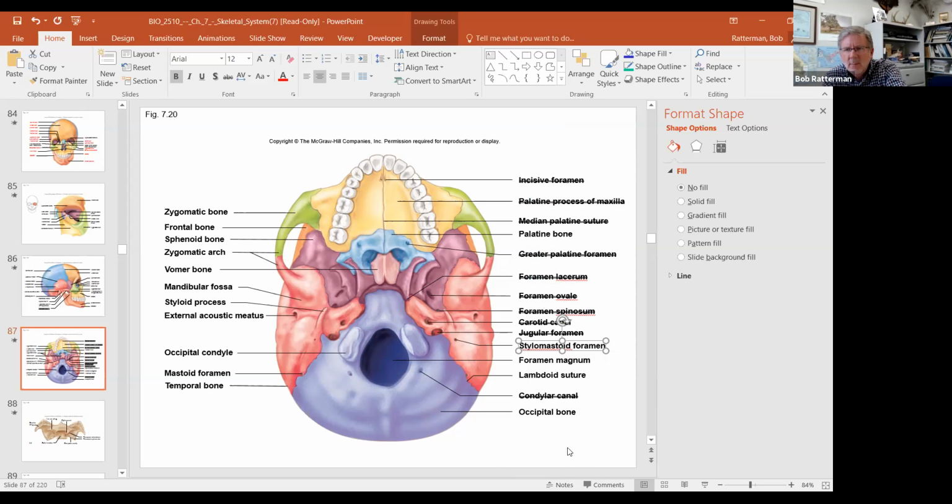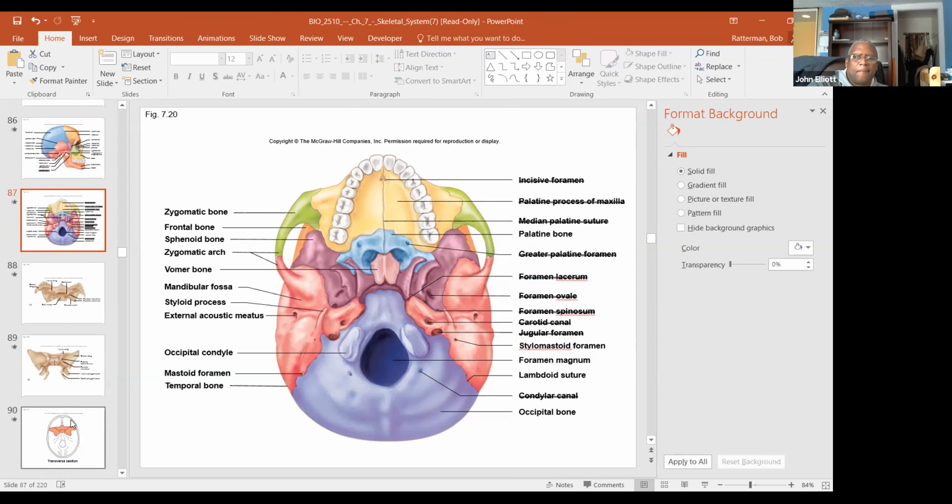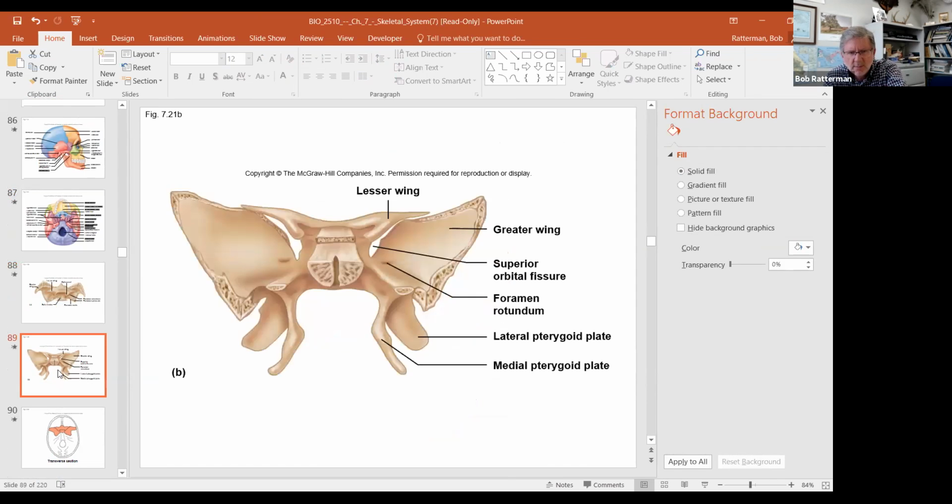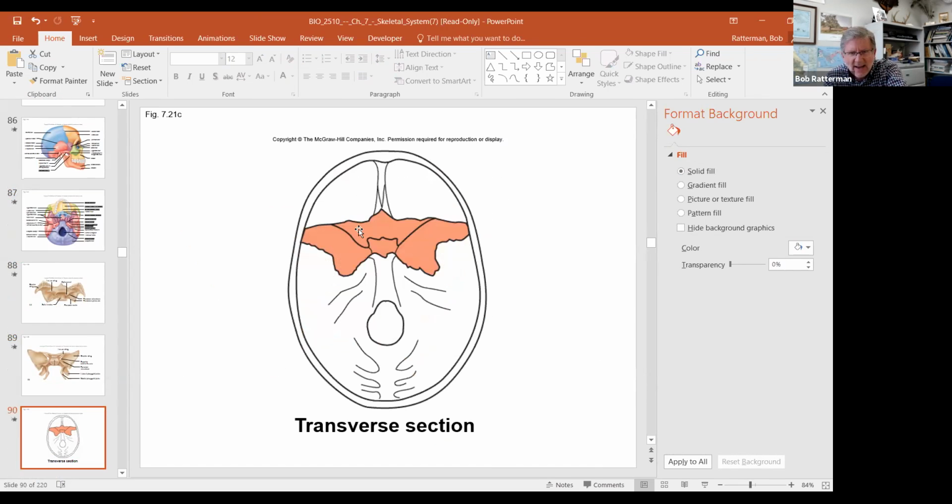Yep. Okay, so these are views of the sphenoid. That was that funny, actually bright red bone I walked around the room and showed you. It looks like a bird or a bat, sort of. So it lies inside the skull. This is a view from above looking down.